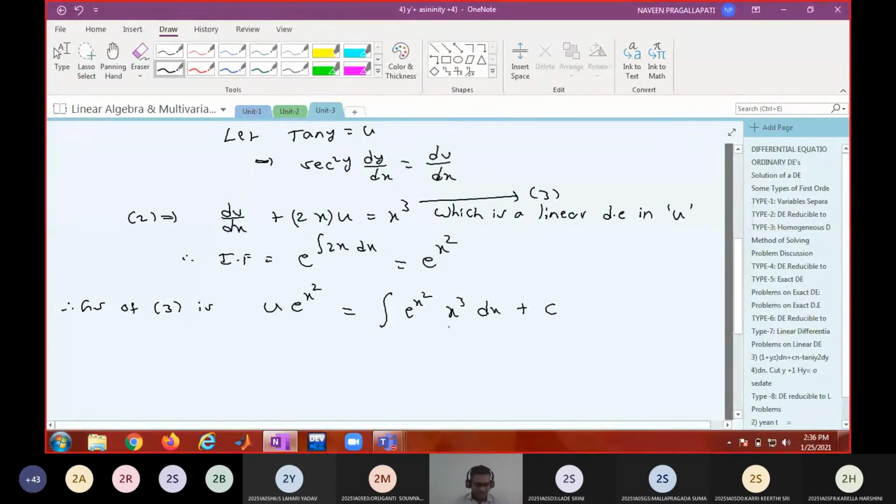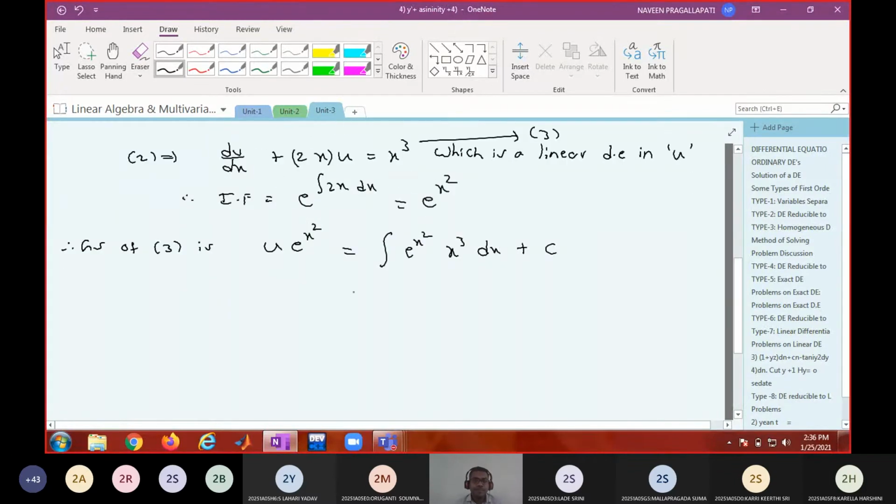Then how to do the integration? What is your substitution? Write x cube as x square into x. Let x square equal to t. Then 2x dx equal to dt. Am I right?